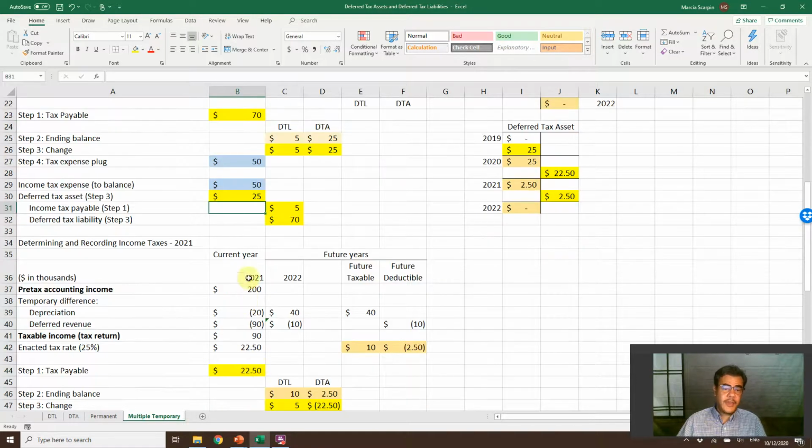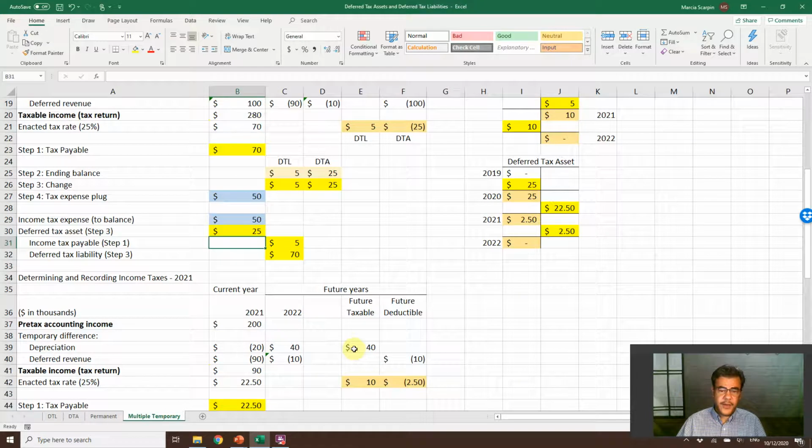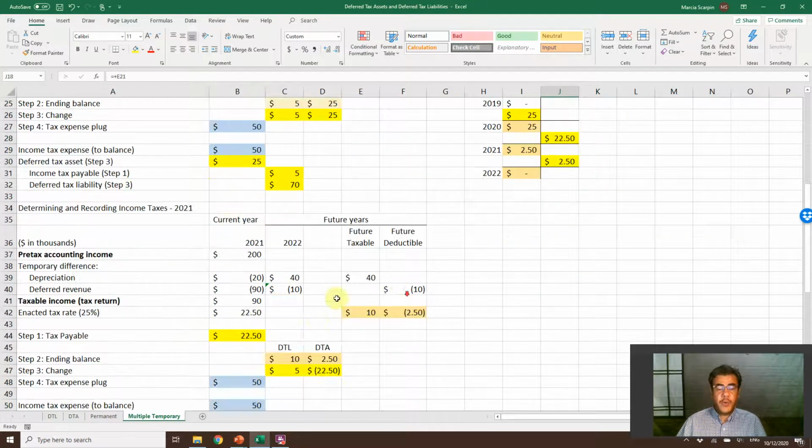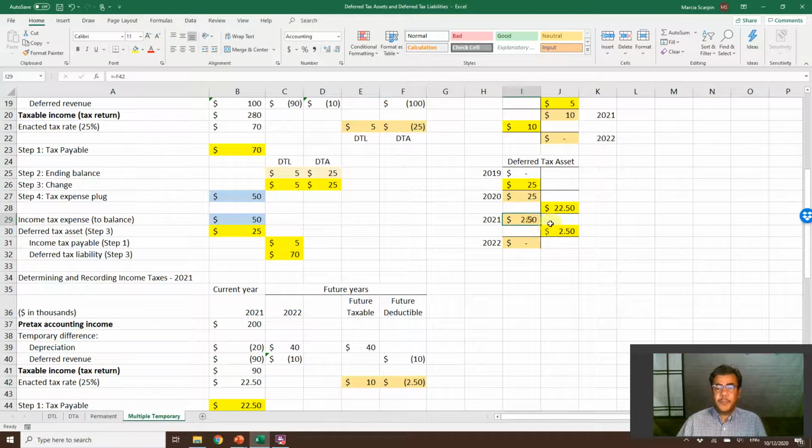Okay? 2021. We have the current year, future years here. So what do we have? Future taxable, 40 times 25%. So the ending balance will be 10. Beginning balance 5. Our change is 5. Future deductible, negative 2.5. So 2.5, our ending balance.